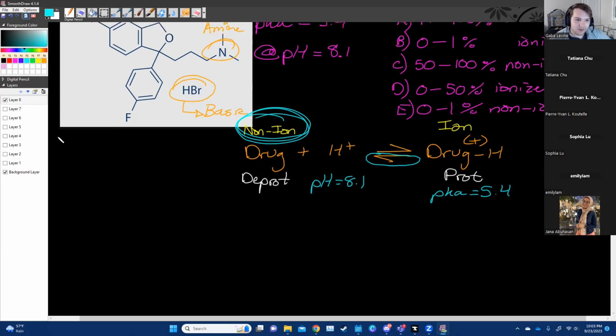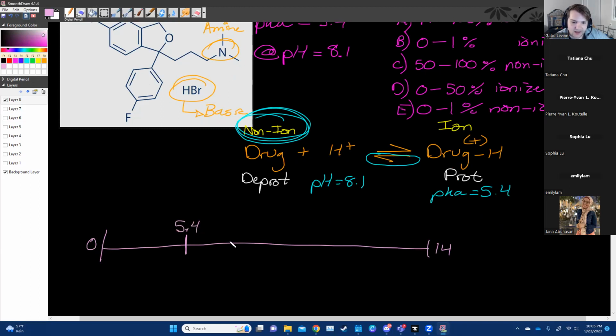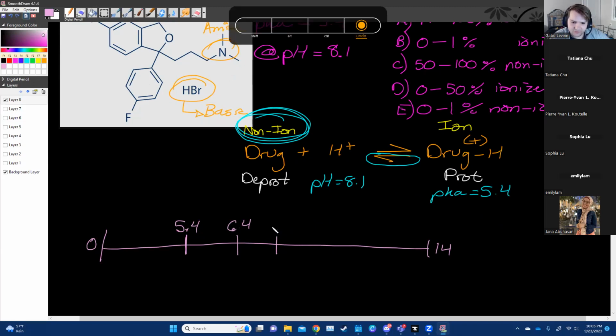We can go to our number line, zero to 14. We can plug in a pH of 5.4 and then fill in 6.4, 7.4, 8.4.